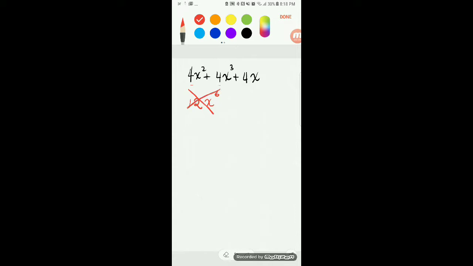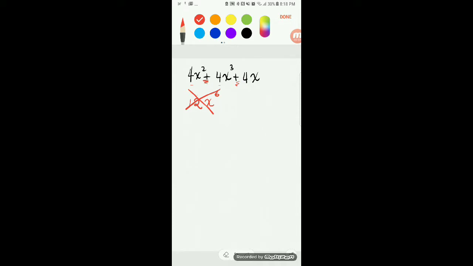Unfortunately, that is not correct. This is not multiplication or division. The index rules only work for multiplication or division. Okay?